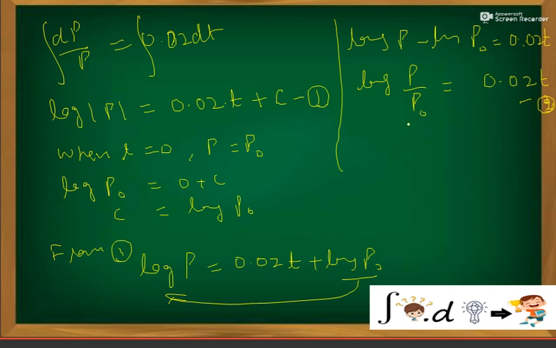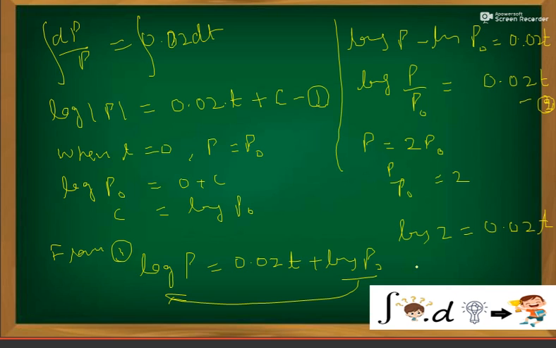Now here we have to find when the population doubles. That means we have to find the time when this population becomes double, that means twice of P naught. It means here P upon P naught is equal to 2, and substituting the values of P by P naught here, it becomes log 2 is equal to 0.02 t.